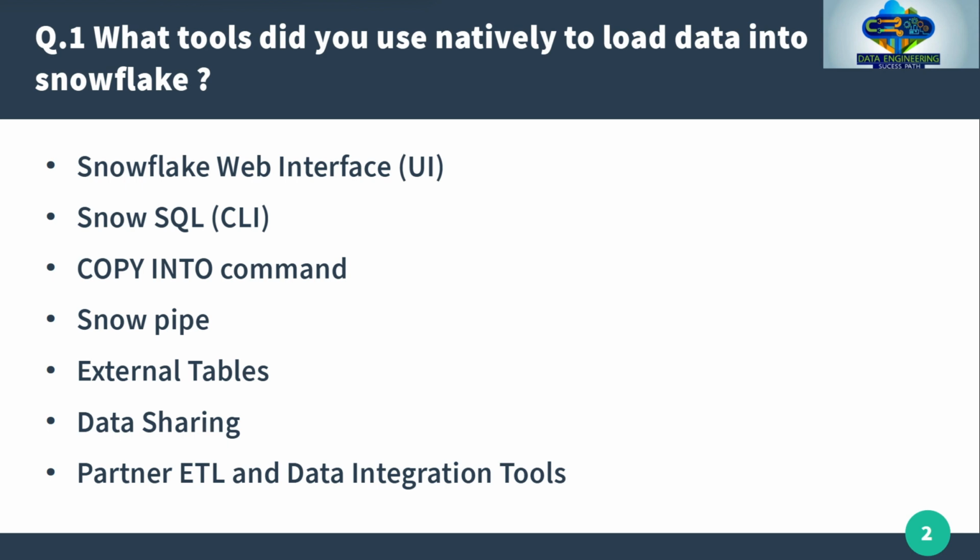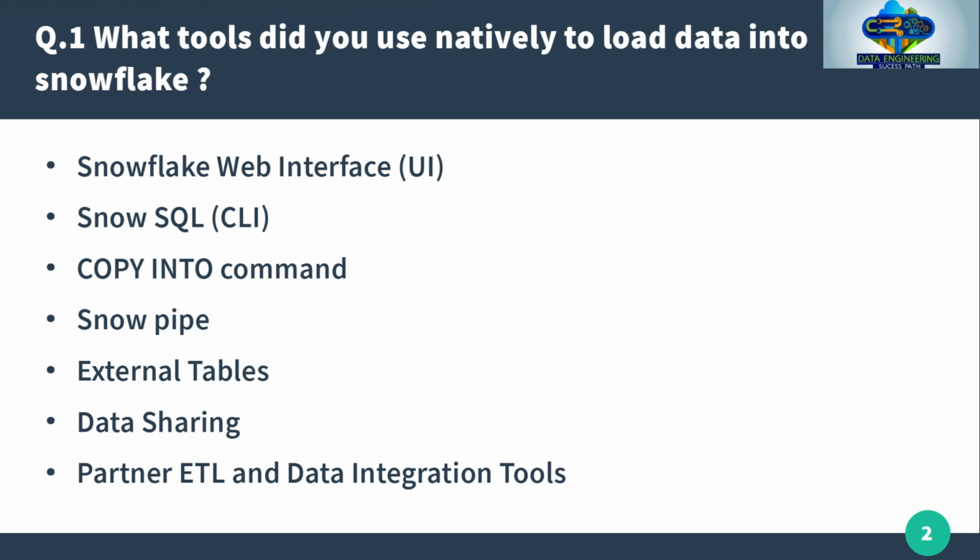Now we have partner ETL and data integration tools. Many third-party ETL tools and data integration tools have built-in support for loading data into Snowflake. Tools like Talend, Matillion, Informatica, Fivetran can simplify this process of extracting data from various sources, transforming it and loading into Snowflake.